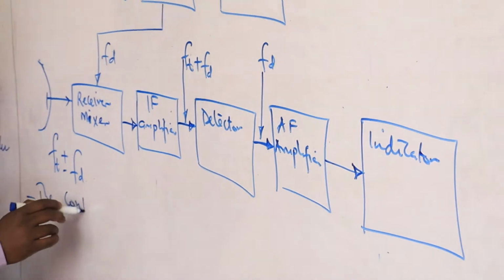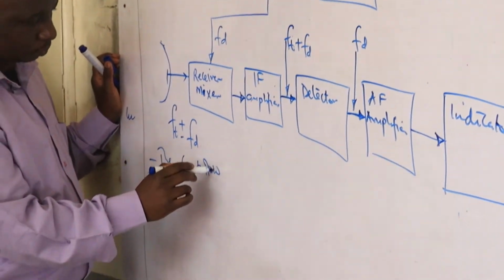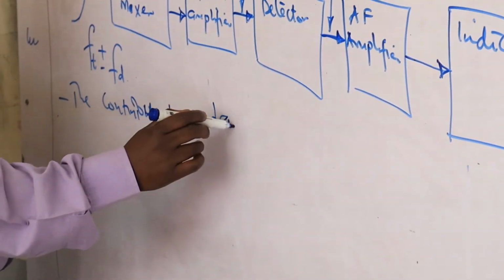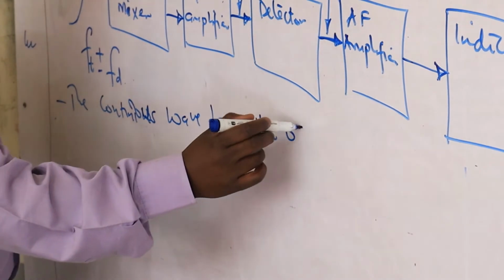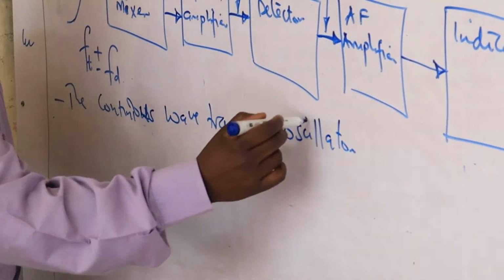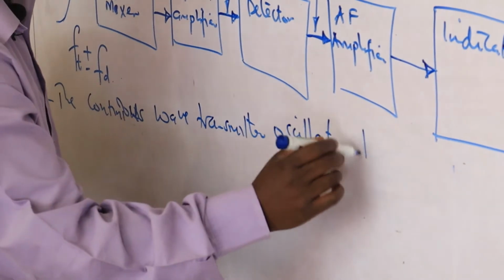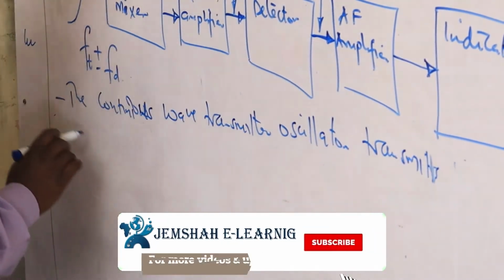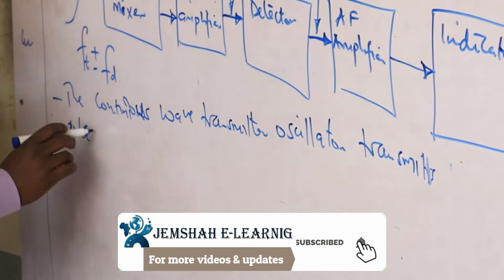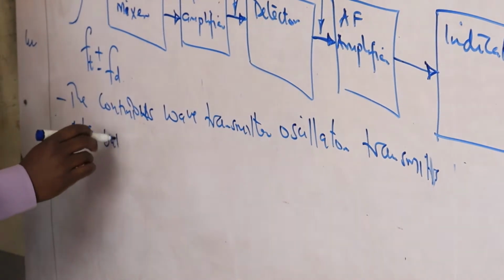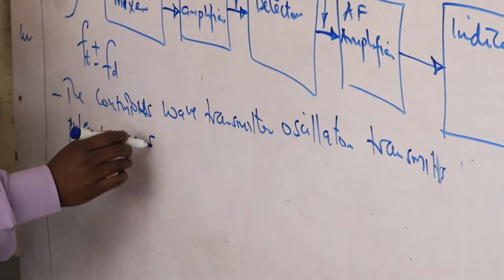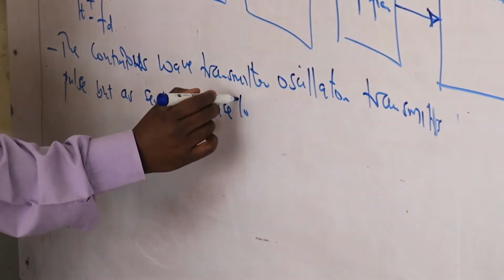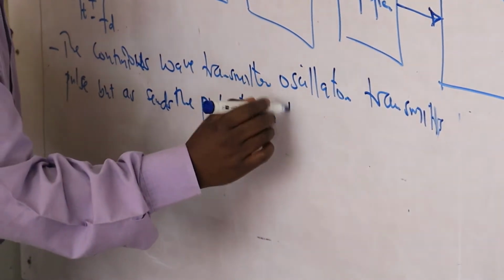So the continuous wave transmitter oscillator transmits pulses, but as well sends the pulses to the transmitter oscillator.